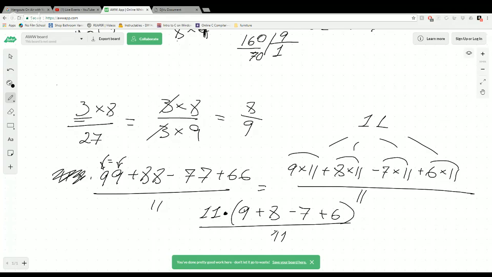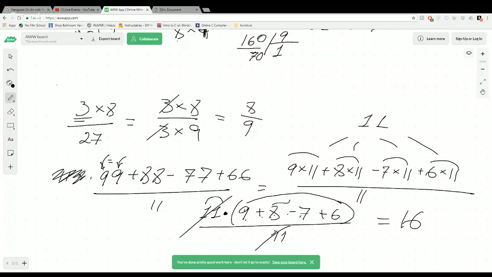So I'm multiplying two numbers. There's the first number, and everything in the parentheses is my second number. This is a product. So I know I can do this cancellation. So I do the cancellation. Now, 8 minus 7 is 1. 9 plus 1 is 10, and 10 plus 6 is 16.